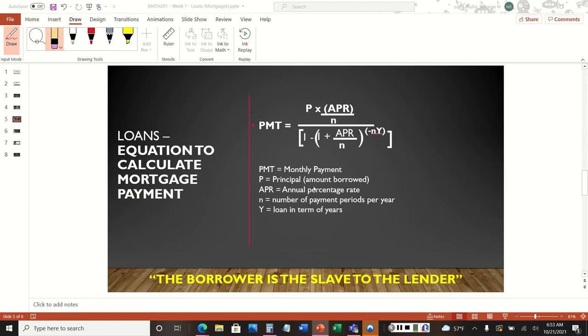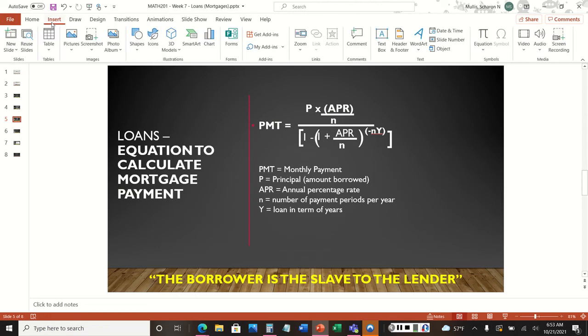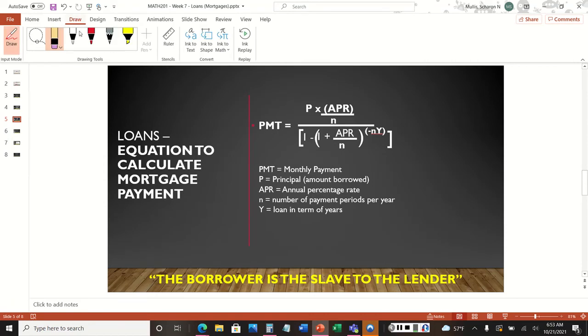P stands for principal, that's the original amount that you borrow. APR is the annual percentage rate, or we can call that the interest rate. N is the number of payment periods per year, so if it's monthly, that's 12 payment periods per year.